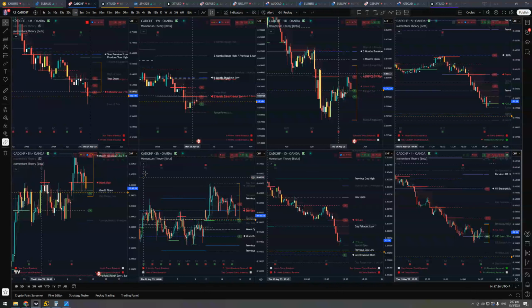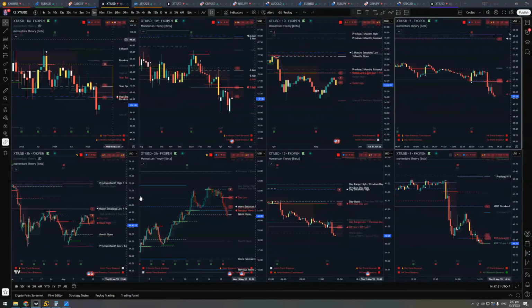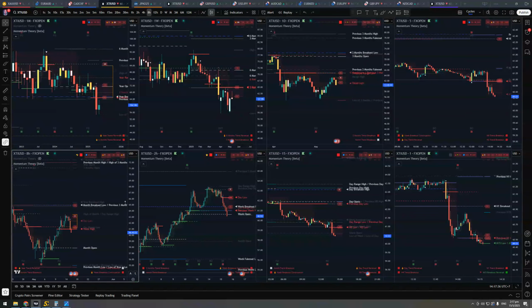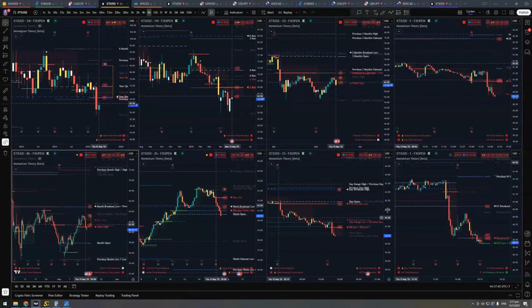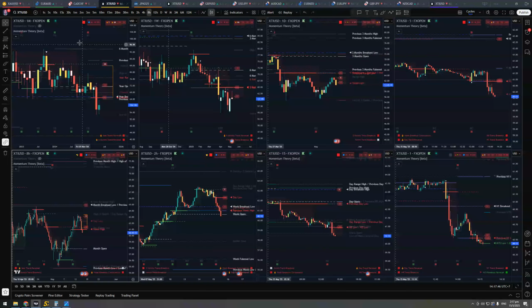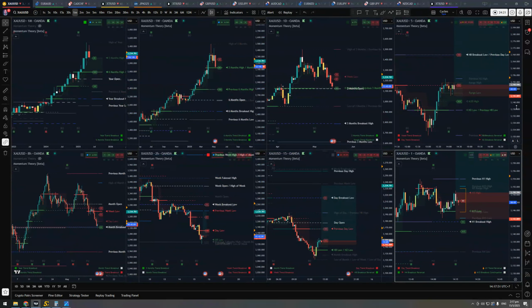CAD Swiss, looking for a sell, not there yet. And oil looking for a sell. It is a bit high up for me. I think I would prefer a pullback on this one. And my spread on oil is not really the best. So my spread on gold is all right. So I don't mind taking something like this.